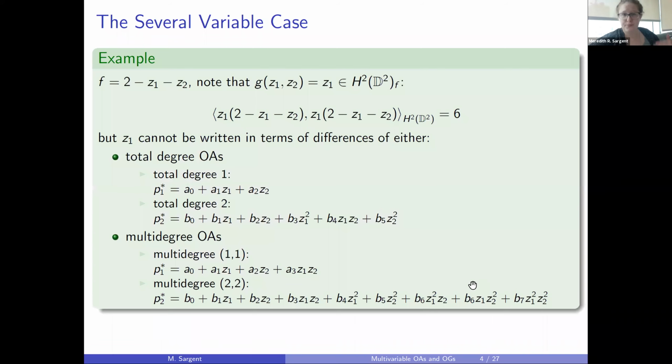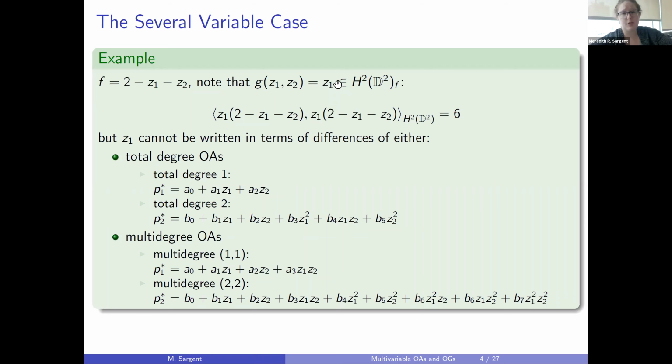Remember how I said we want to be able to recover the orthonormal or orthogonal polynomials by looking at a difference of optimal polynomial approximants? Since they would be an orthogonal basis, you should be able to build any element of the set in terms of those orthogonal polynomials.